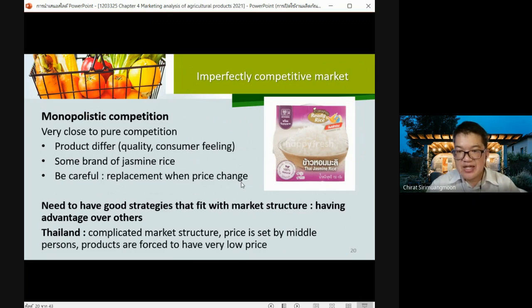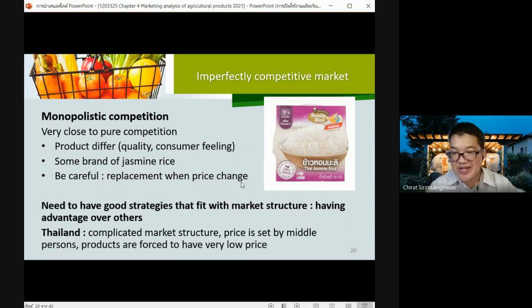But the characteristic of monopolistic competition is that, first, the product must have something different in terms of quality or customer feeling, like in some brands or some types of agricultural products, like jasmine rice. Jasmine rice is considered to be very good quality rice. So this is how jasmine rice differs from other types of rice.